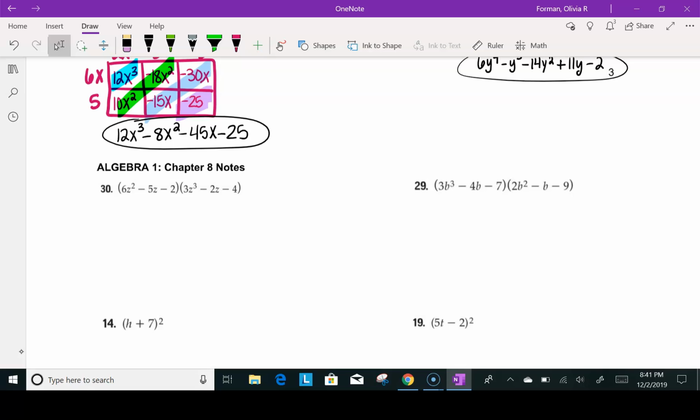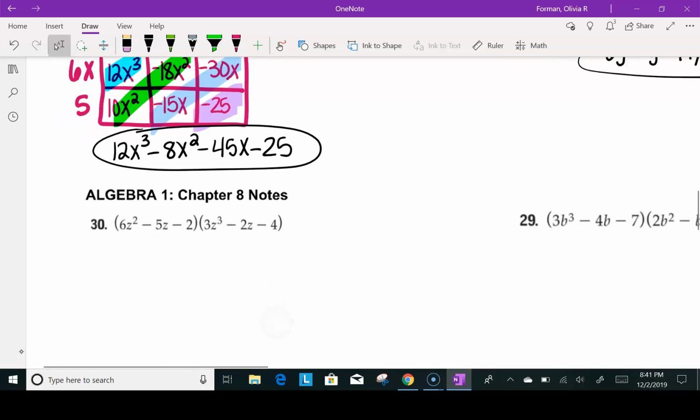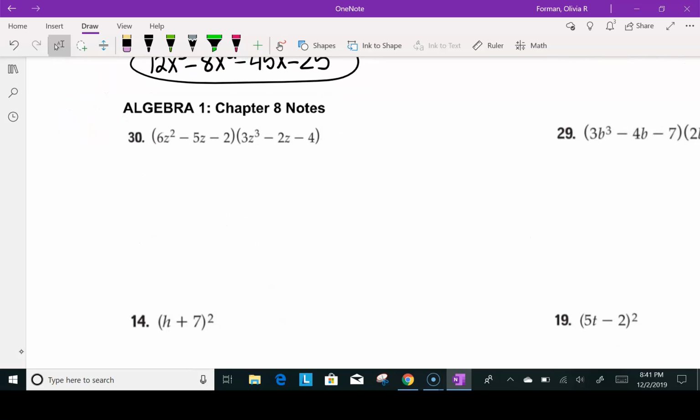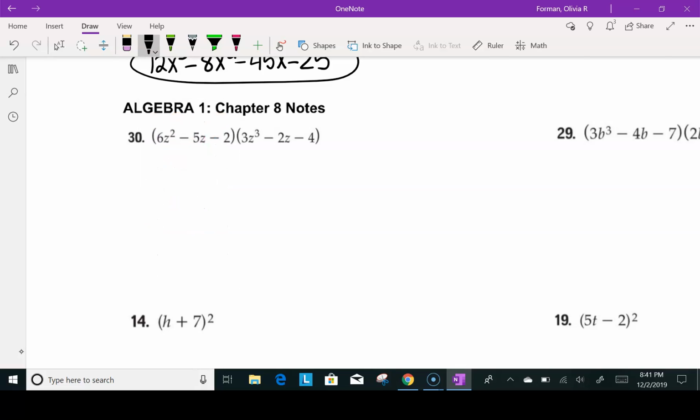We just have a lot more practice problems. I'm probably going to do maybe 2 or 3 more with the box. Otherwise, I'll just go into the distributive property some more. I know it's probably getting long sitting here, but I want to make sure you have enough practice here so that when you get on your own to the assignment, you feel pretty confident that you can do this.